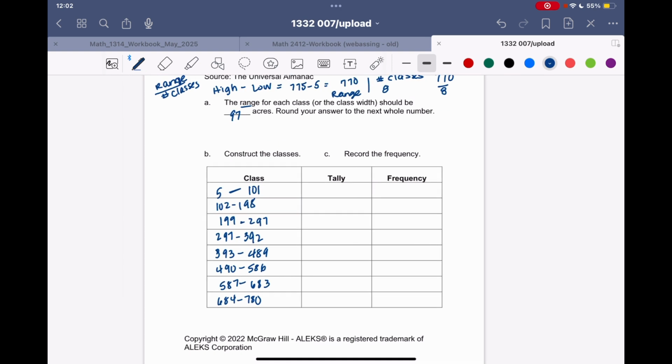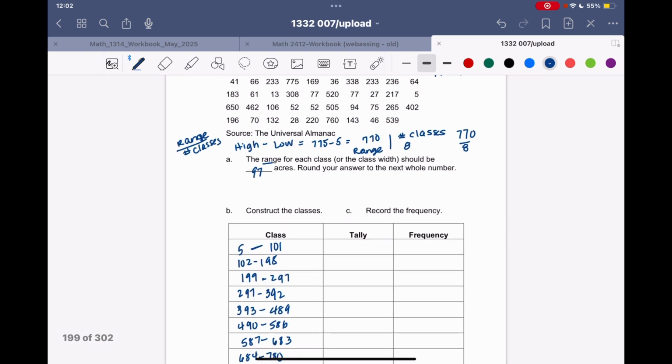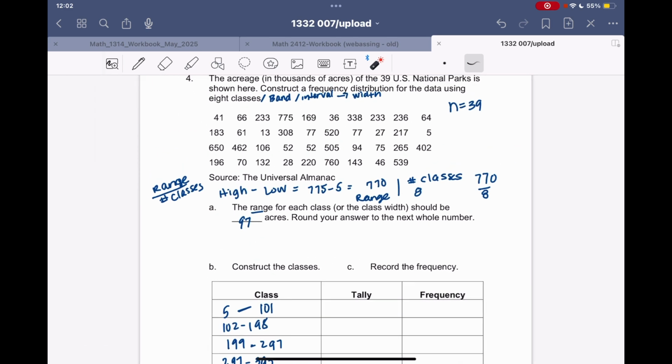And then we just tally however many of these different acreages fall in here, and again the tally and the frequency number match. If I just count, I'm just kind of counting by sight.